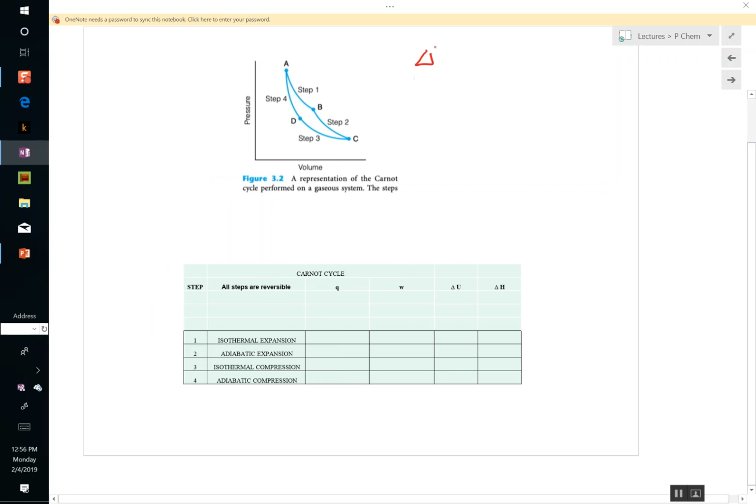Now remember, we have these fundamental equations: the change in internal energy, delta U, is heat plus work. And delta H is delta U plus delta PV.